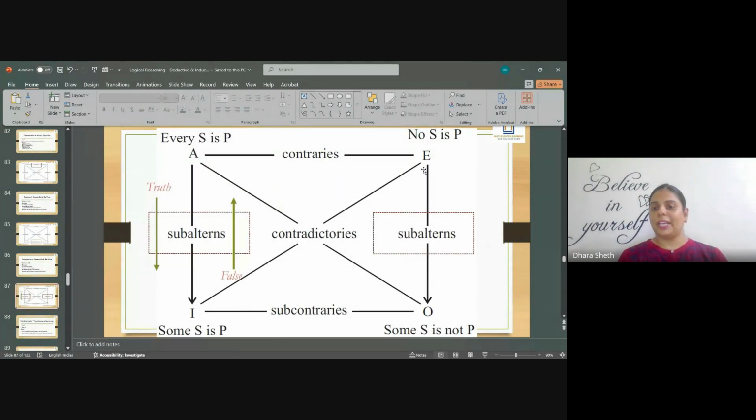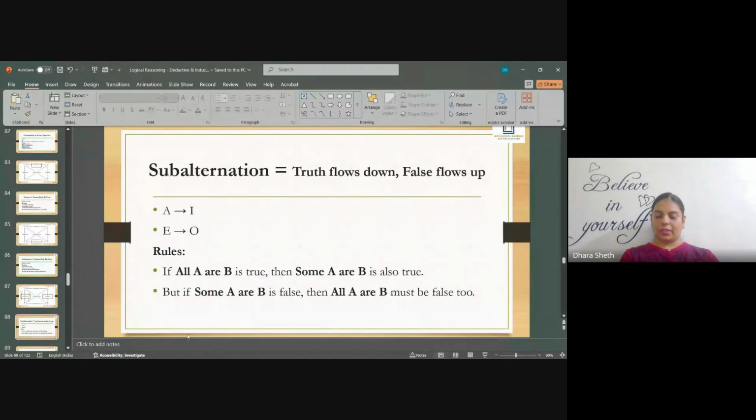Similarly here, if no S is P is true, then some S is not P is also true. But if some S is not P is false, that means some S is P. So if some S is not P is false, then no S is P is also false. Clear with subaltern relationship?